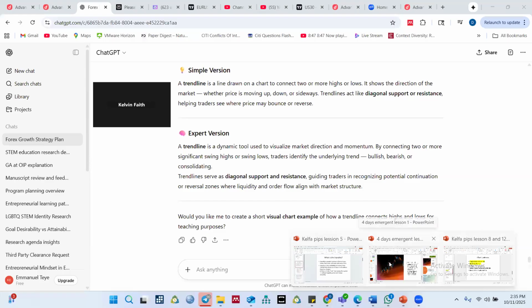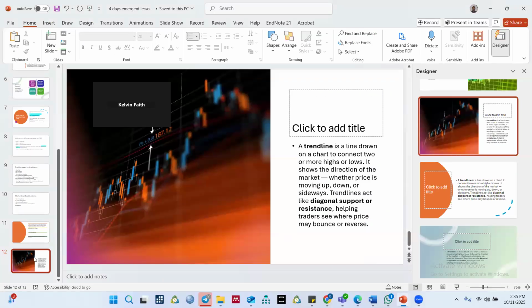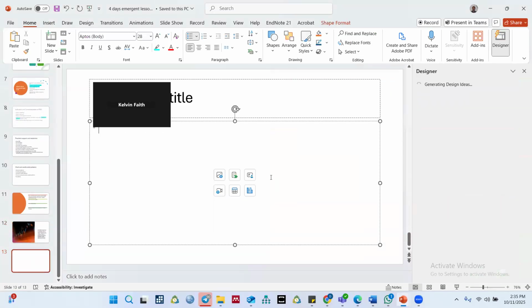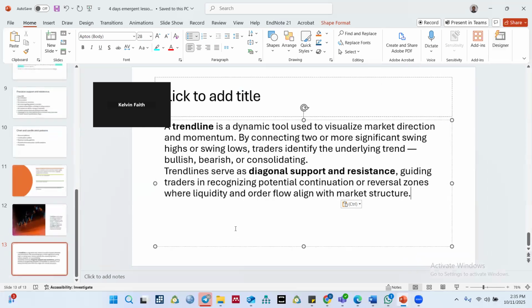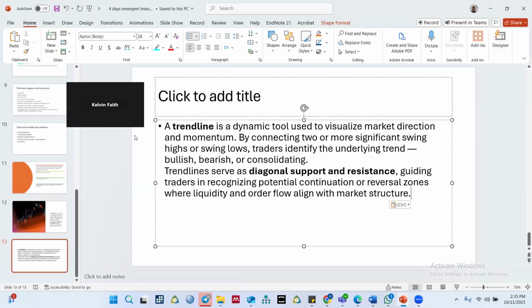From an expert point of view, it's telling us that a trend line is a dynamic tool used to visualize market direction and momentum. By connecting two or more significant swing highs or lows, traders identify the underlying trend, whether bullish, bearish, or consolidating.